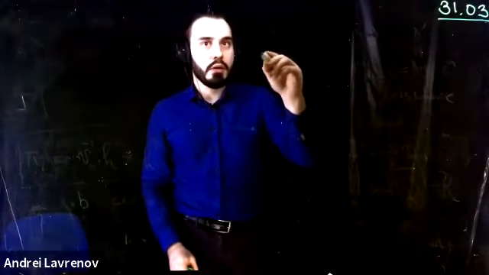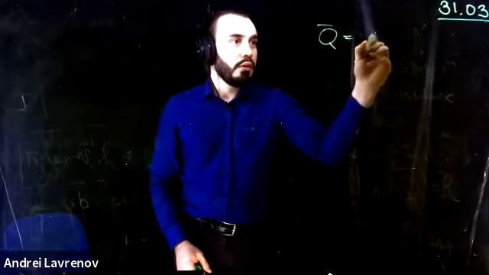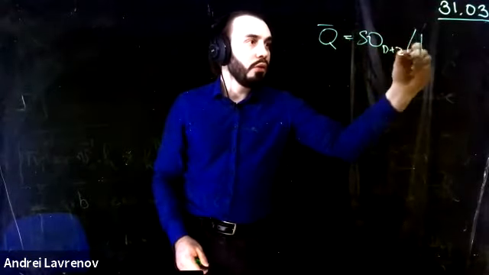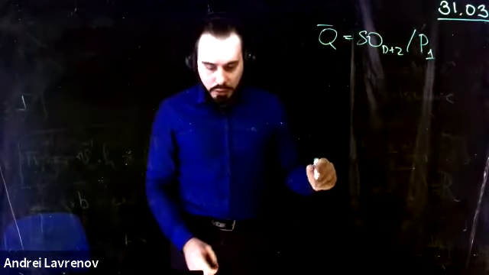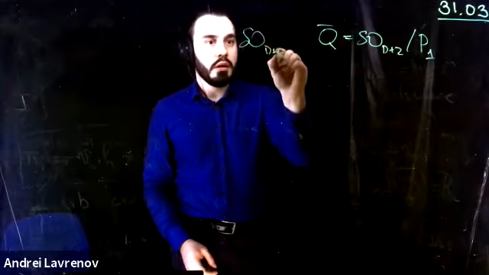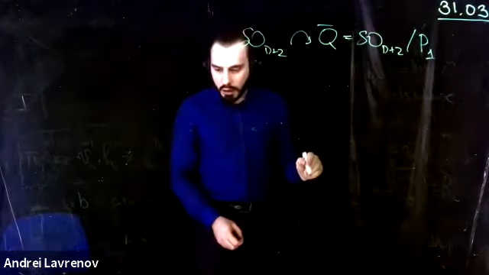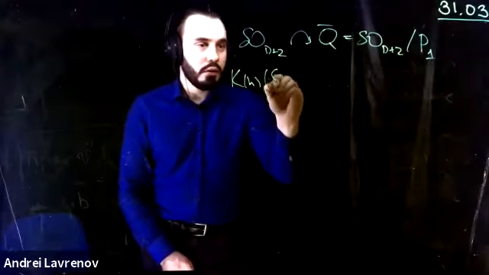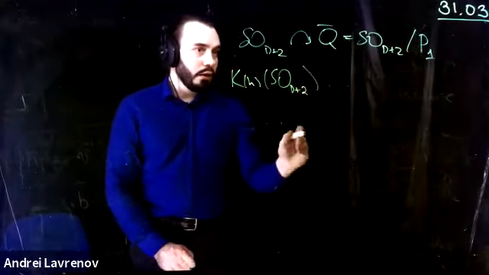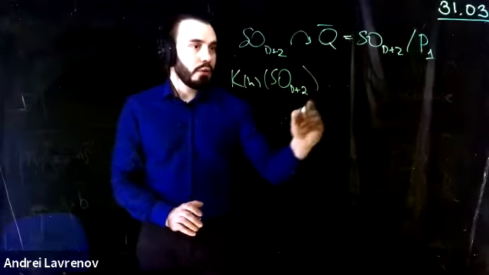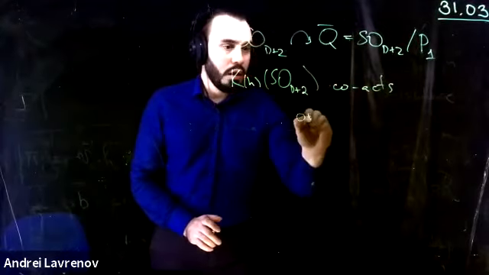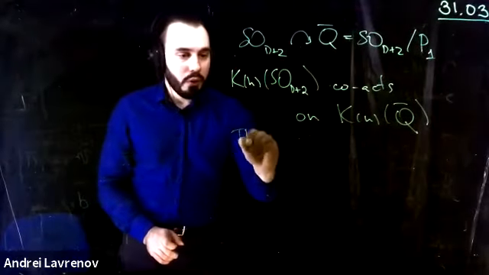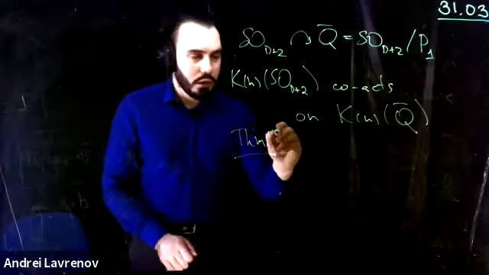Since Q' is written as SO_(d+2) modulo a certain parabolic, and SO_(d+2) acts on it, we can consider the Morava K-theory of this group variety, and taking the pullback of this action, we will get a coaction on K_n of X. And this is due to the theorem of Viktor Petrov and Nikita Semenov.